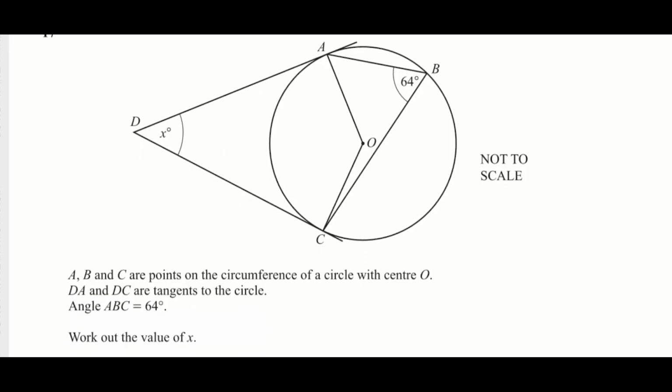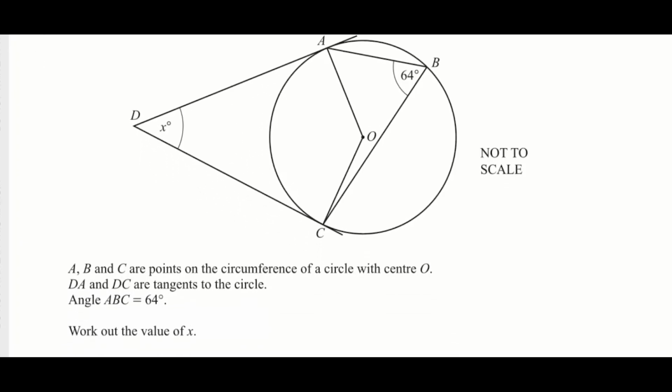Okay, so we have A, B, and C as points on the circumference of a circle with center O. DA and DC are tangents to the circle. Angle ABC is equal to 64 degrees. Work out the value of X. To get the value of X, look inside this quadrilateral ADCO.